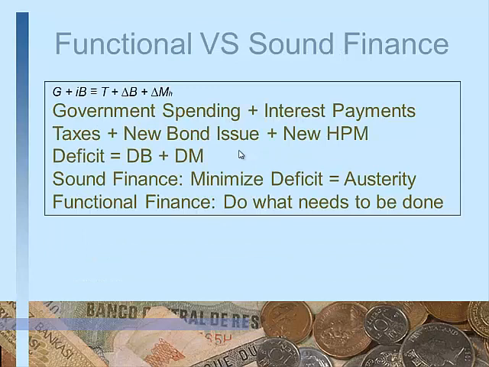Alright, so this equation we discussed last time. The government has government spending, which is salaries that it pays to government employees and any goods that it purchases, infrastructure that it is building, all the bills of the government is G. Then it also has bonds that it issued in the past on which interest payments have to be made.